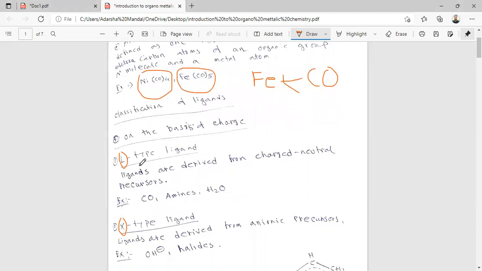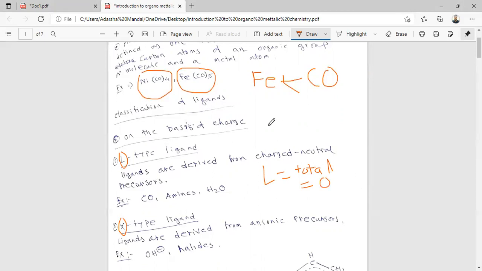L-type ligands are ligands derived from charge neutral precursors. That means these L-type ligands are neutral species. The total charge is equal to 0, so they are electronically neutral.